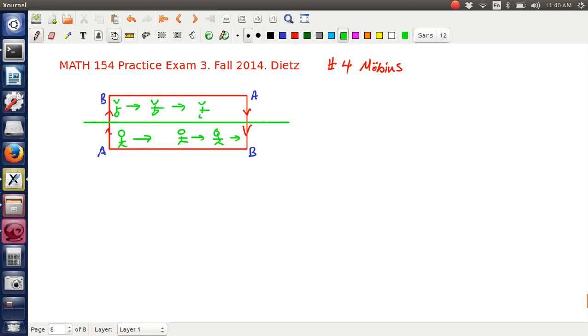Then that little guy is going to go this way, and then it becomes harder to draw because the guy's now at A with the feet down. So in this case you're back to walking around in the same direction. Okay, no problem.